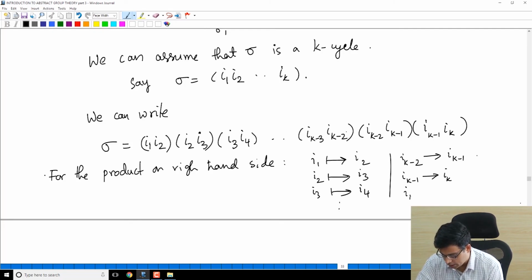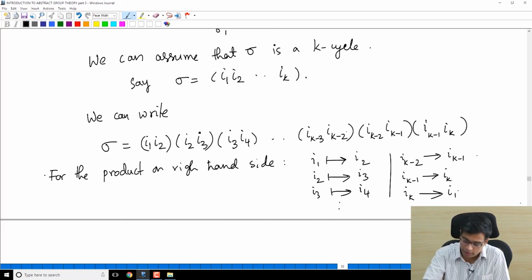So finally check i_k. I_k goes to i_k-1 on the first thing. Now i_k-1 appears again and sends i_k-1 to i_k-2. I_k-2 goes to i_k-3 here, and you have to keep tracing back: i_k-2 goes to i_k-3 goes to i_k-4, and so on, i4 goes to i3, i3 goes to i2, i2 goes to i1. So in order to determine the image of i_k, we start with the rightmost permutation on the right hand side and keep tracing it back all the way to i1. So i_k goes to i1.